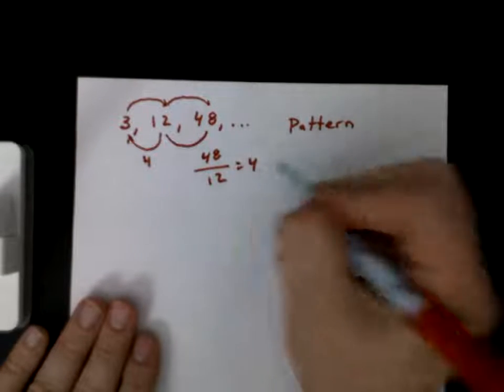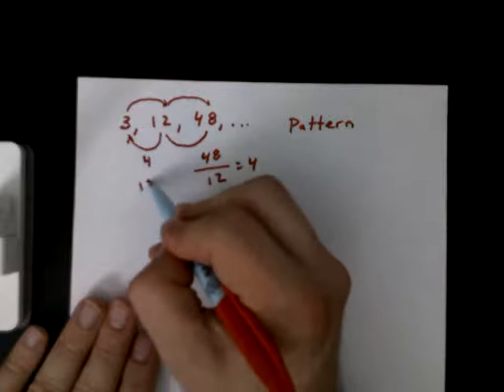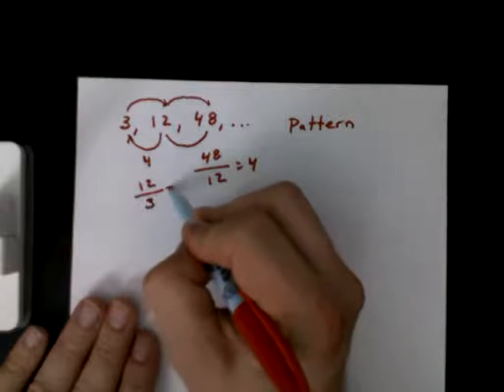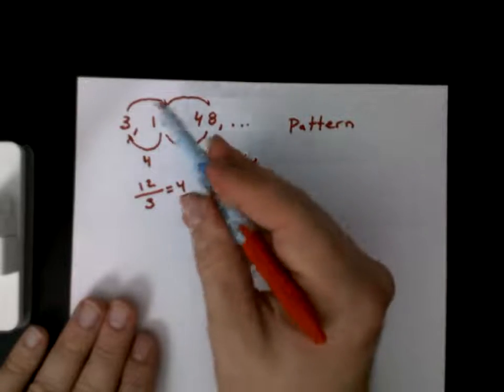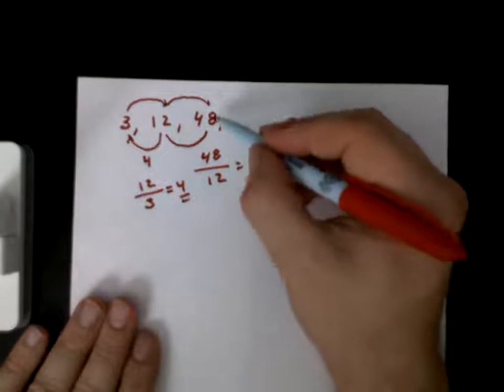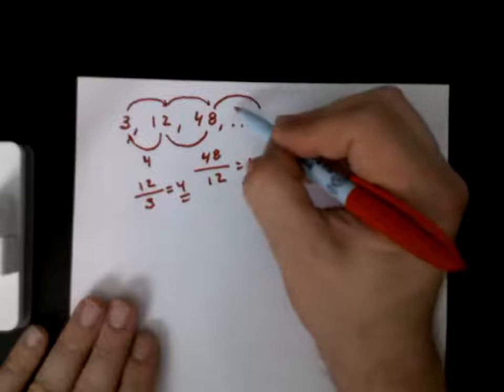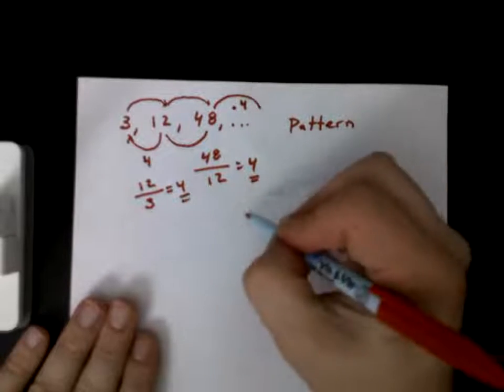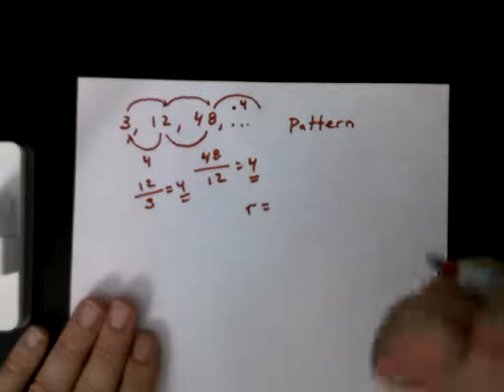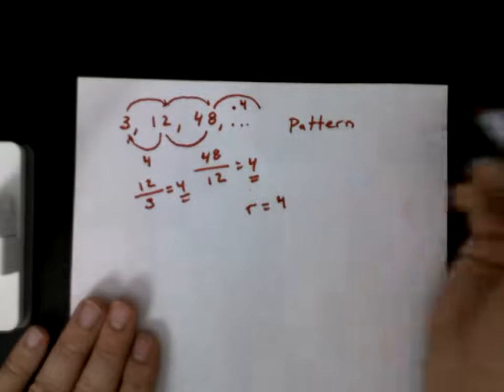Well, we got 4. Let's see if that's true here. If we go 12 divided by its predecessor, we got 4. So it looks like we have 4 when we are going backwards. If we're going this way, we would multiply by 4. So your r, or common ratio, is just 4.